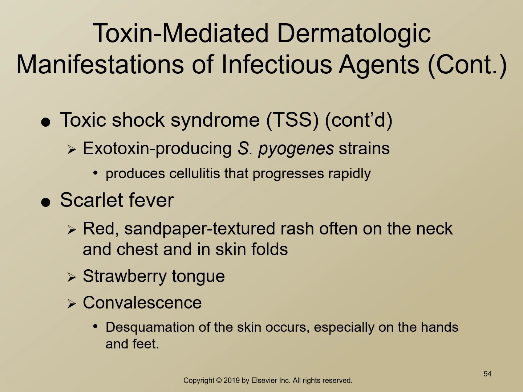It appears as a red, sandpaper-textured rash that typically doesn't involve the face. The patient may present with a strawberry tongue that appears bright red with dots of white papules. During the convalescent stage, peeling of the skin occurs, especially on the hands and feet.